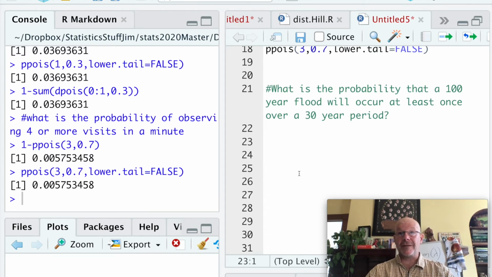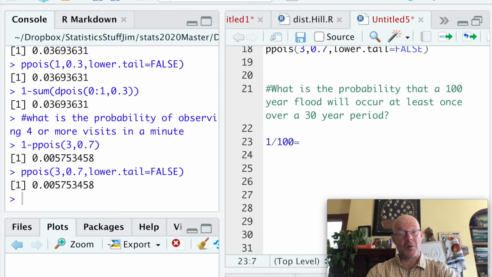So the first thing that we need to do is estimate lambda. And so again, a 100-year flood is a flood that we expect on average to occur once every 100 years. So we know that the base rate is one every 100 years. And then what we need to do is estimate lambda. So we would do that by doing the arithmetic.